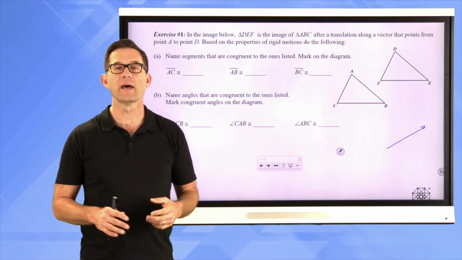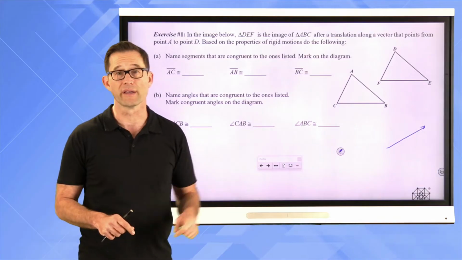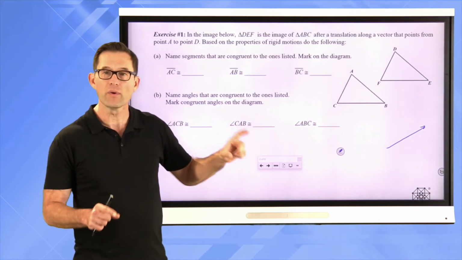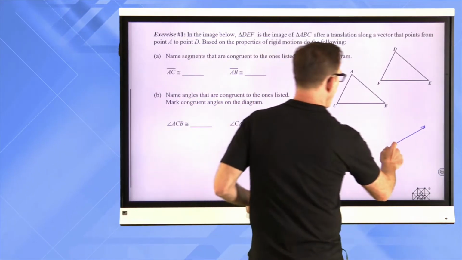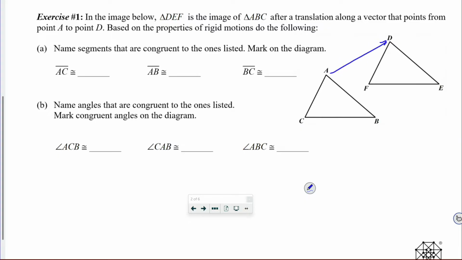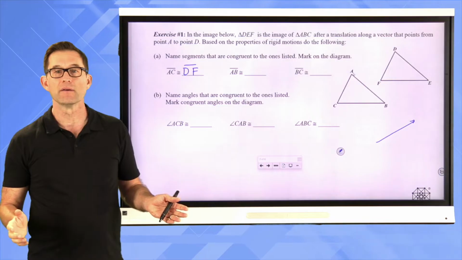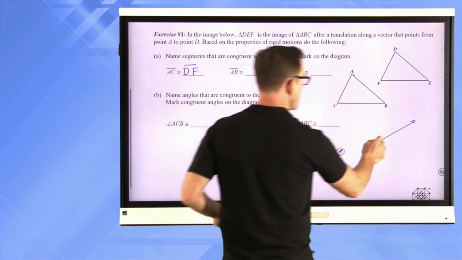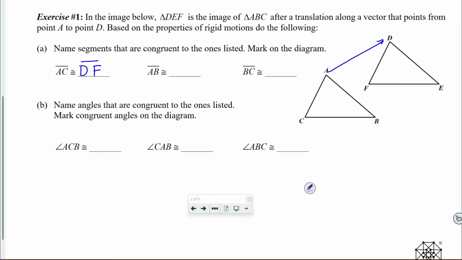Now, of course, it's always tempting to just be like, well, that one looks like it's the same length. But really understand this, I moved A to D and I moved C to F, so AC and DF must be the same length. They have to be. Likewise, I moved A to D and I moved B to E. Let me mark this.